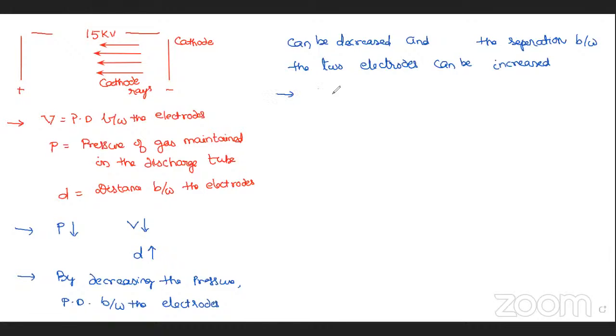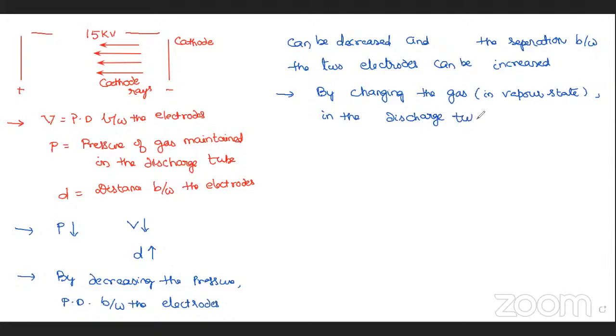Next I am writing: by changing the gas, of course it should be in vapor state, means atomic state, by changing the gas in the discharge tube, the color of light emitted will be changed. Example, mercury vapor will produce white light.